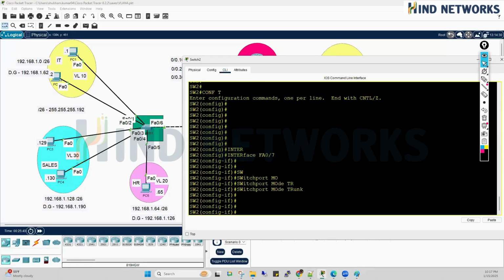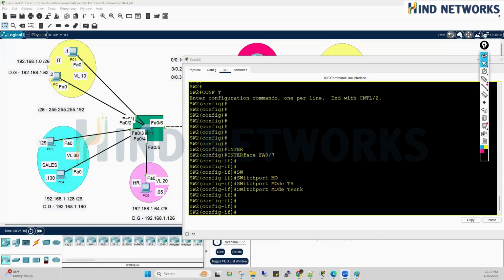Right? Then after, I need to change the encapsulation. Let me explain more about ISL. See, ISL and dot1q both are called encapsulation protocols. With the help of ISL, you can perform the tagging of VLAN. Clear? But the only difference is if you are using ISL, it will add 30 bytes of extra information with your packet.